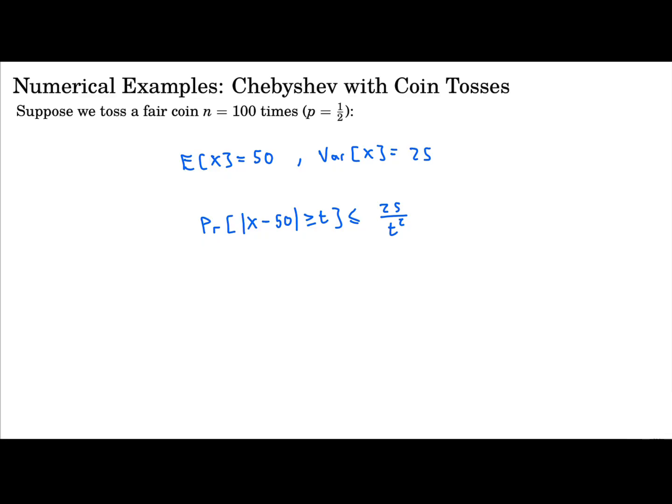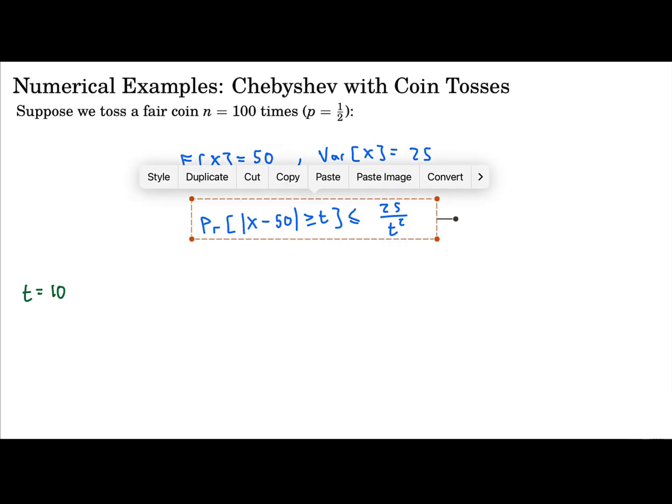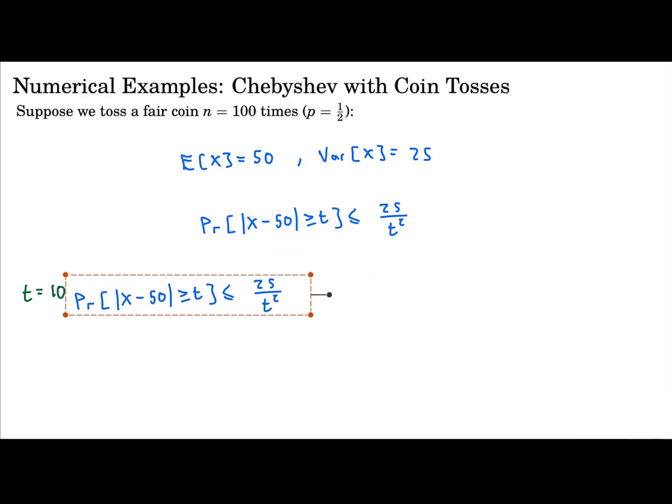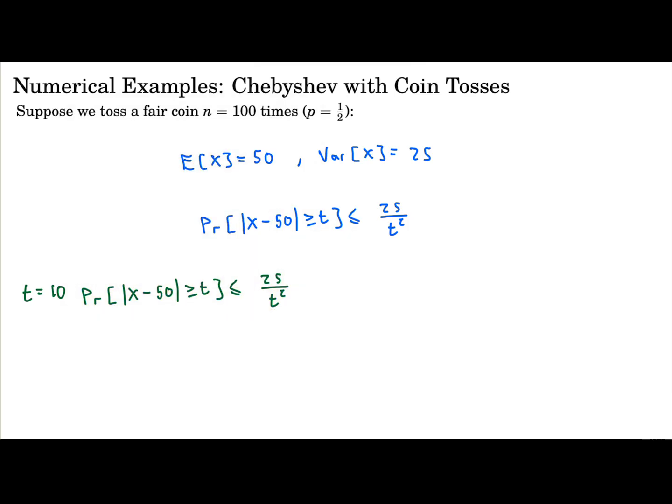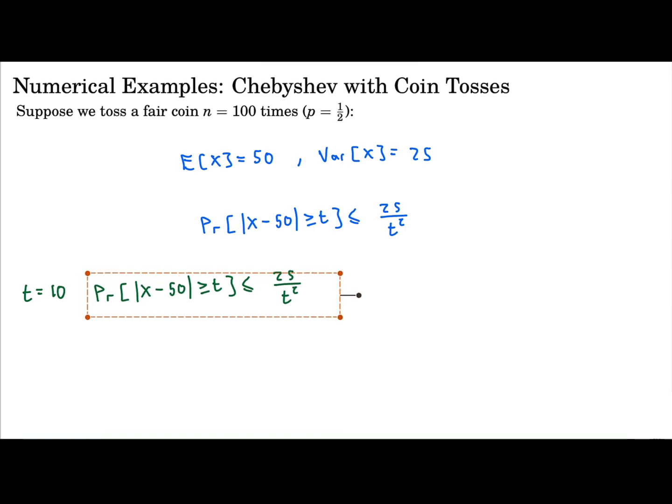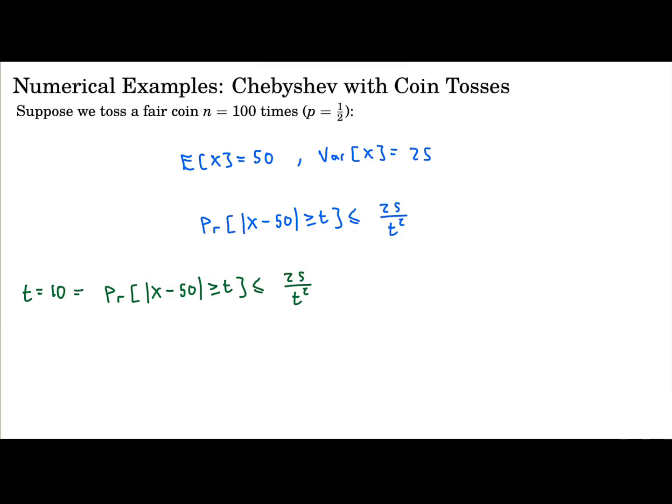Let's look at some particular examples. If t is equal to 10, then this probability of being larger than or equal to 10 will be 25 over 100, which is equal to 0.25.